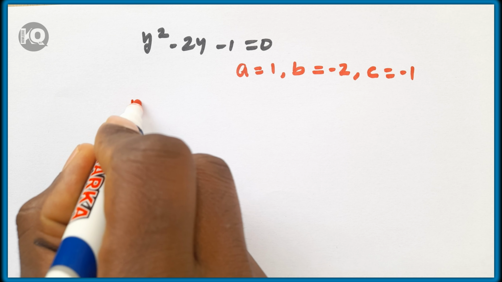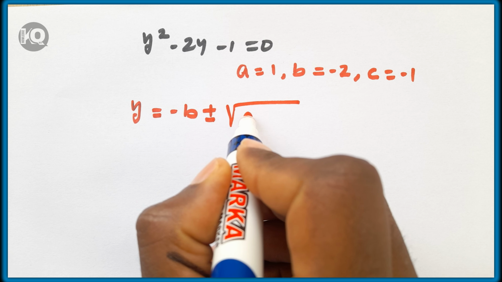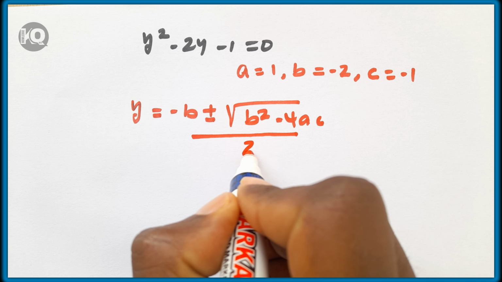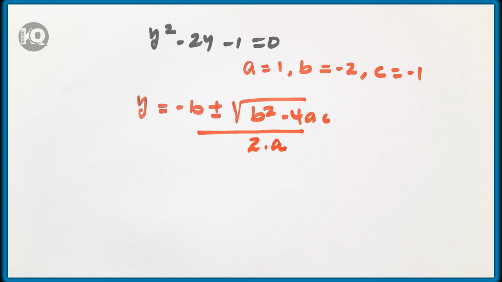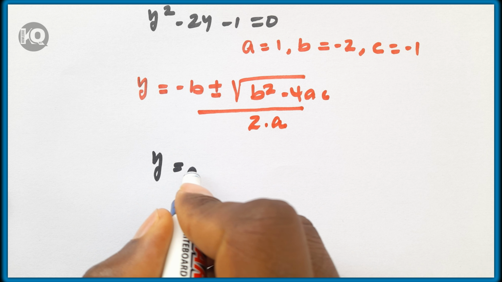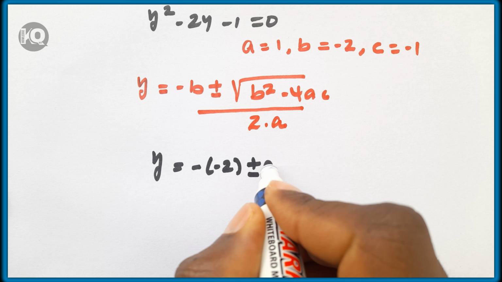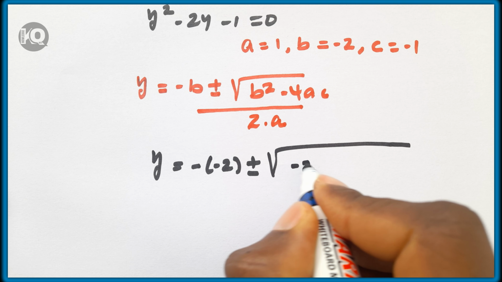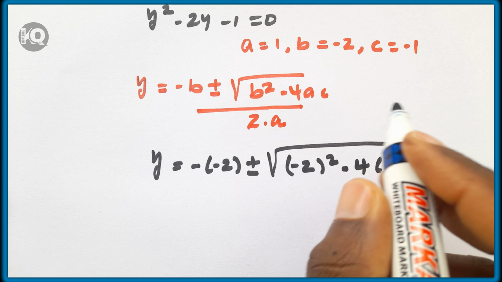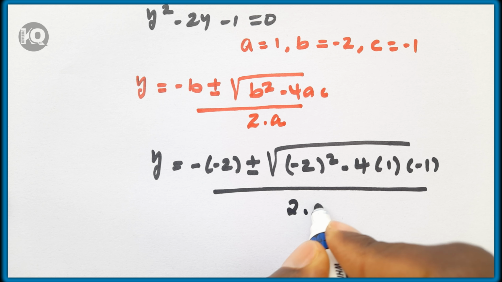The formula is y equal to minus b plus or minus the square root of b squared minus 4 times a times c, divided by 2 times a. Let's substitute each coefficient. So y is equal to minus b, which is 2, plus or minus the square root of minus 2 squared minus 4 times a, which is 1, and c, which is minus 1, divided by 2 times 1.